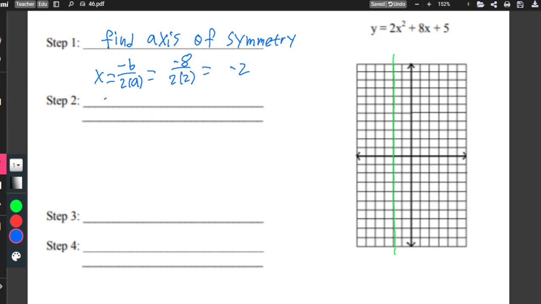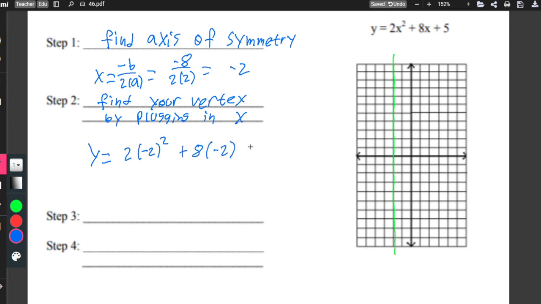Step 2, find your vertex, by plugging it in. So y equals 2 times negative 2 squared plus 8 times minus 2 plus 5.